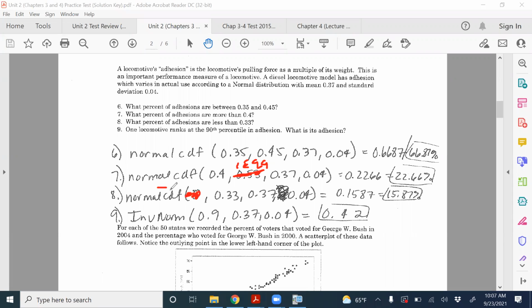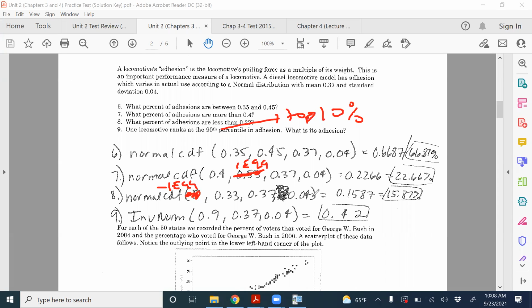I would do -1E99 just to be on the safe side. And then of course, if you want the 90th percentile, that means you want the top 10%. But you're going to the left, 90% to the left, so you put 0.9 and your mean and standard deviation. Luke, do you have a question?